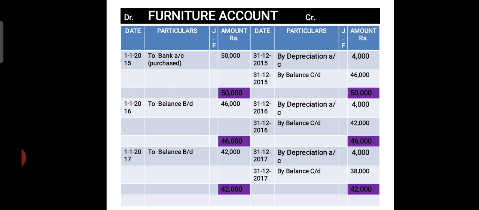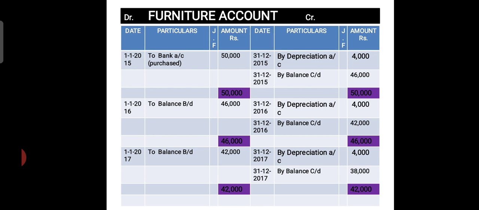Similarly on the credit side, again 4 columns we need to prepare: date, particulars, JF number, amount. Left hand side 4 columns and right hand side 4 columns. And on the top of this pro forma you write the asset name, that is furniture account.